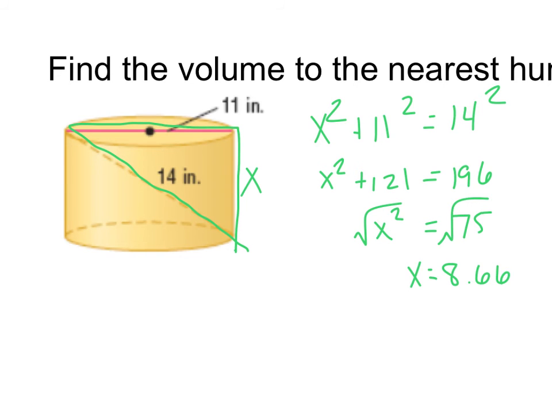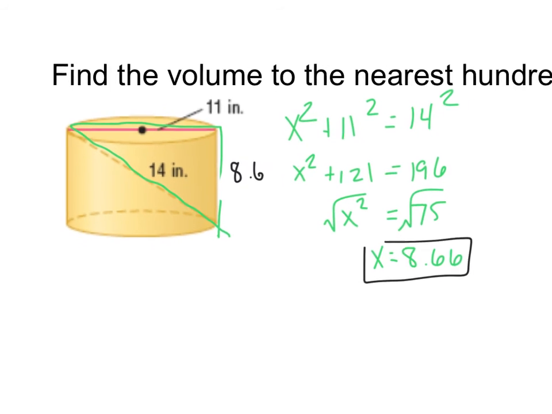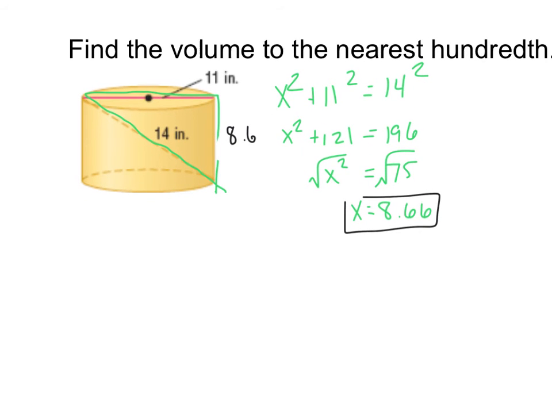So this is going to be my height for the question. Good, so now I have my height. My volume formula is pi r squared h. Volume equals pi times my radius squared times my height of 8.66.